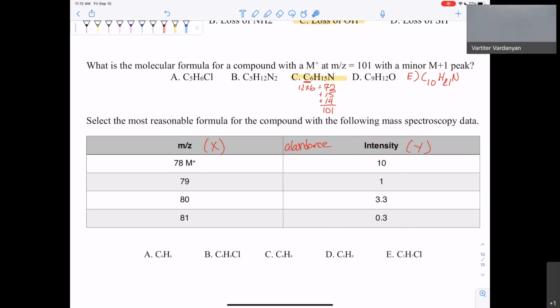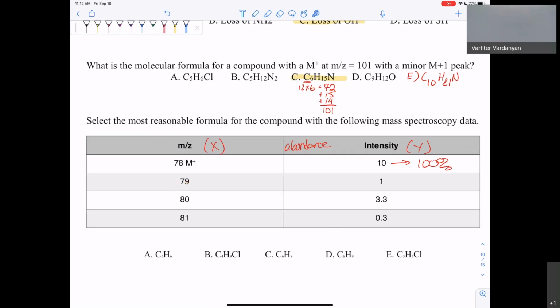So we're going to say that 10 is 100%, and as you said, Anthony, that correlates to the base peak. But here it tells you that this is the M plus peak. Can those be the same? Yes. In this case, the base peak and the M plus peak are the same.